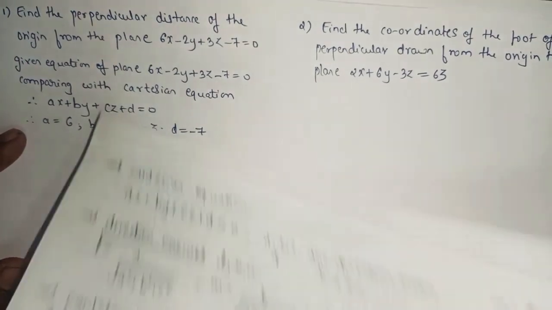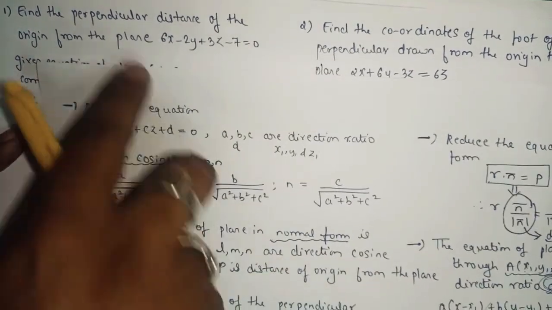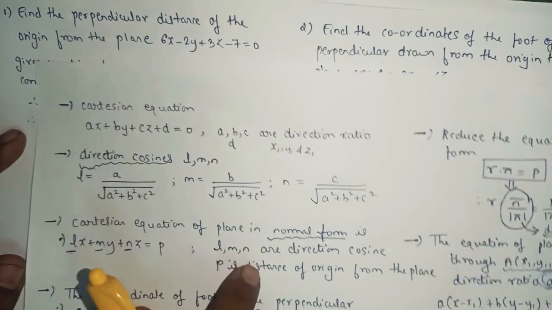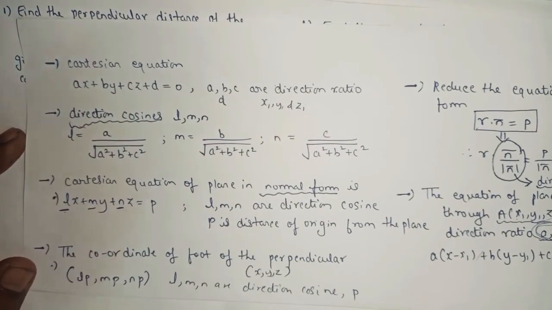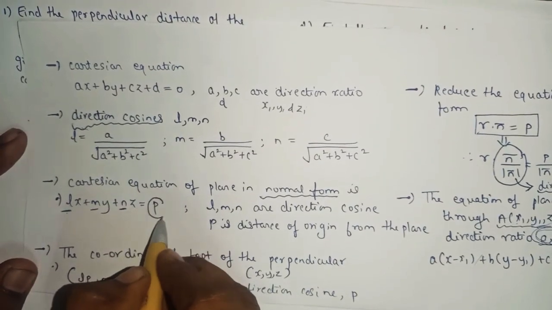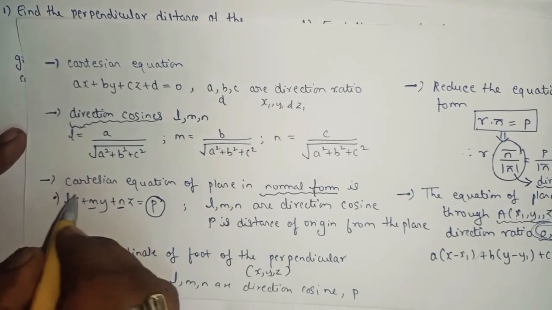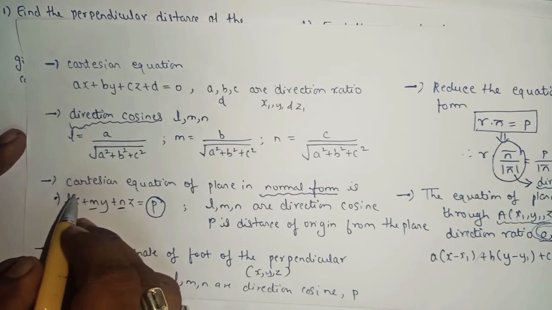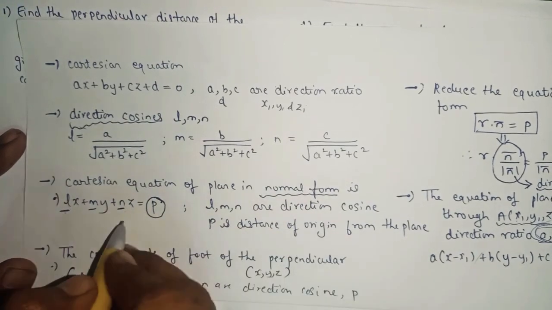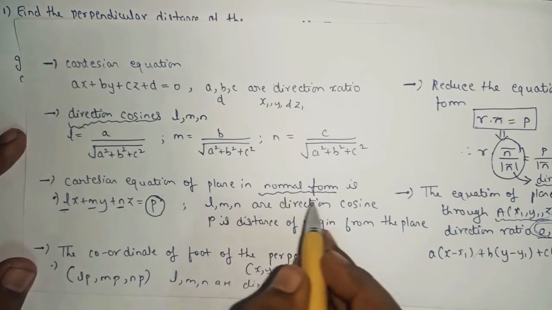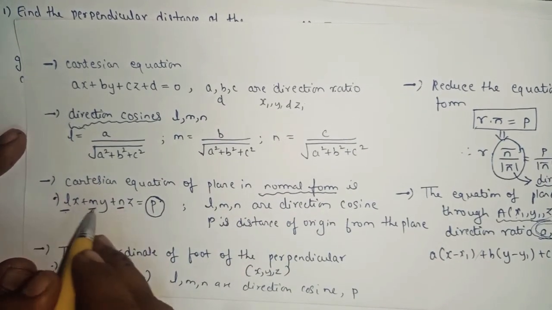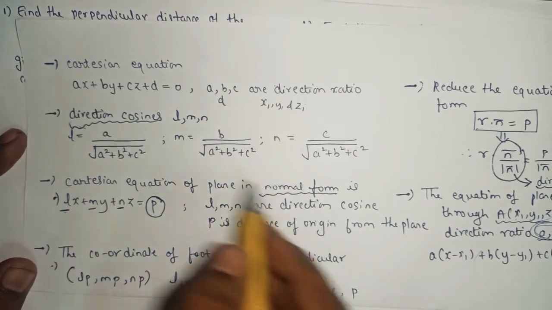To find the perpendicular distance of the origin from the plane, which is known as p, we first have to find the Cartesian equation of the plane in the normal form. For this, first we require l, m, n. What is lmn? It is the direction cosine.